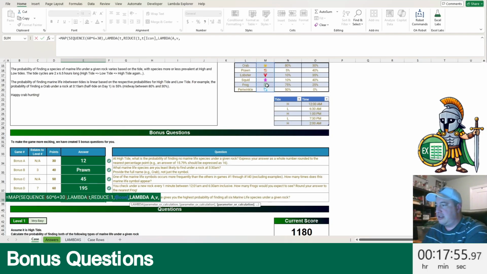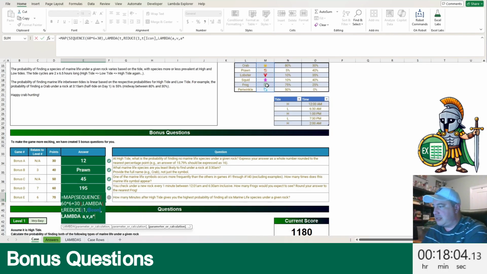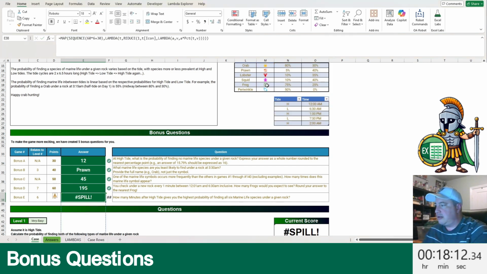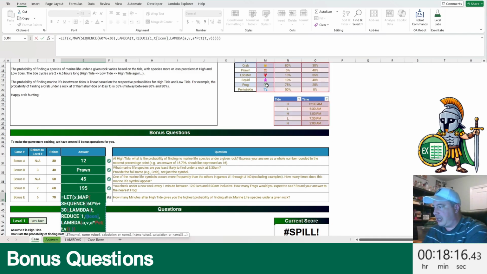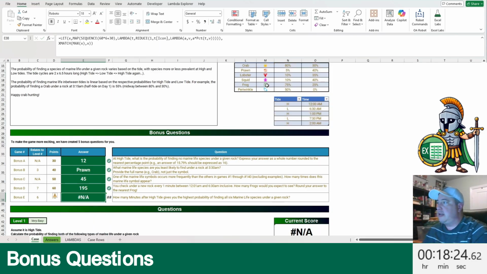Lambda AB. We want to find all of them, right? So that's going to be A times percent T V. Okay, so that's all of the probabilities, so let that be X. Then we want to do X match, max X on X, and we got an NA.